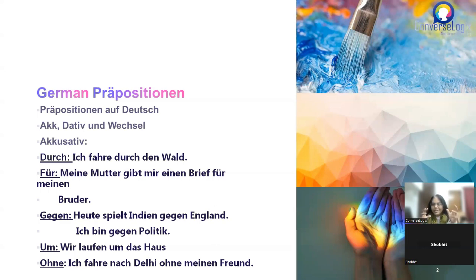The changes which we have learned, which happen in accusative in a general context, we follow these rules also when we are using the prepositions. First of all, what is important for me if I'm learning prepositions?